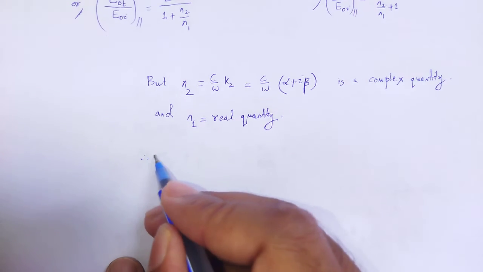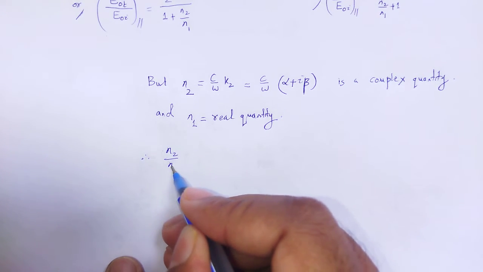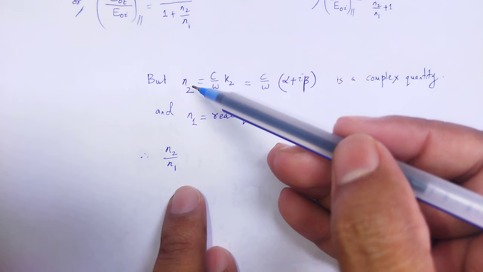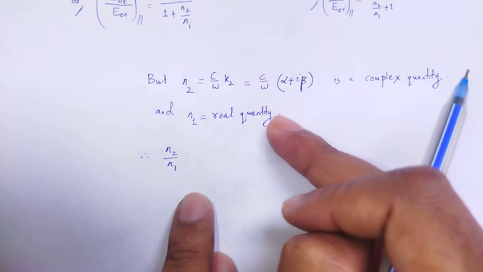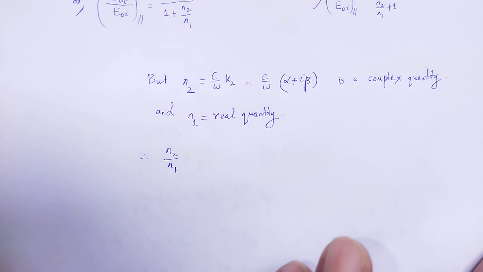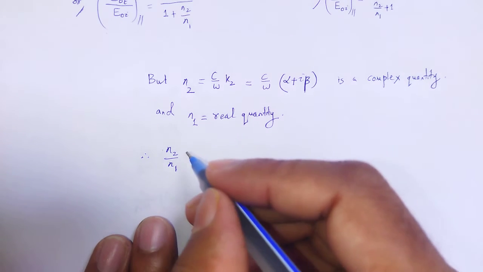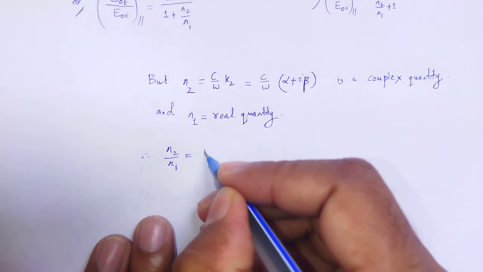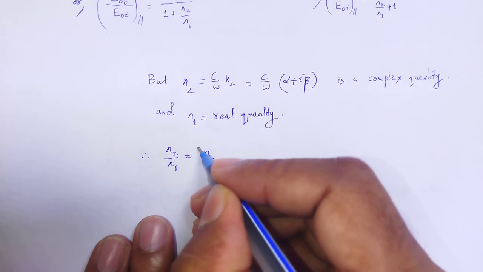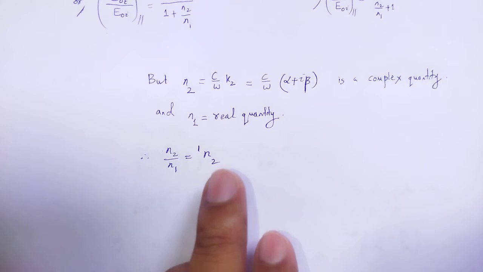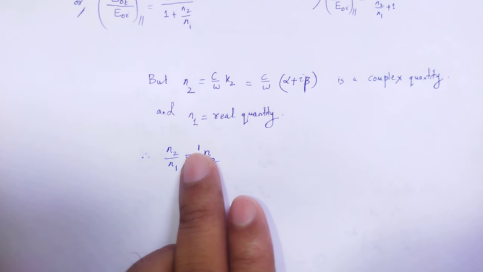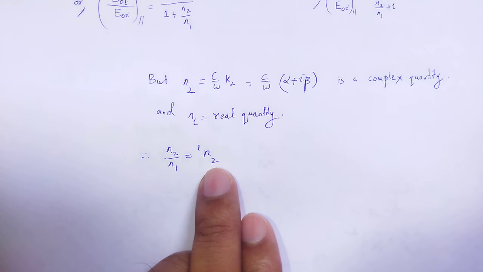Therefore, N2 divided by N1, that a complex one is divided by that of a real one. Overall it is a complex form, and the division is just like real part to that of real part and imaginary part to that of imaginary part. N2 by N1 is nothing but the refractive index of the second medium with respect to the first. What is the refractive index of the second medium?